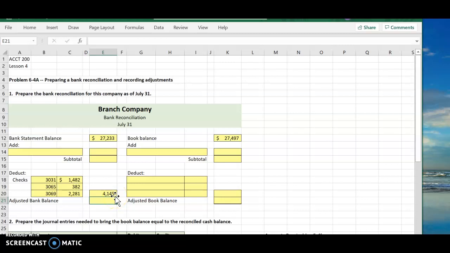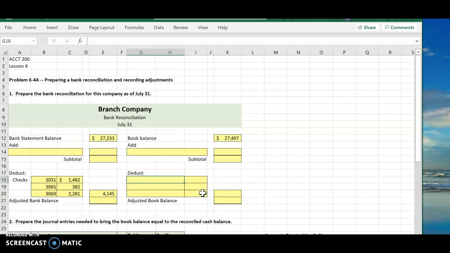As we were checking off our checks with our bank statement, we also came across this item in number C. We see that we had check number 3056 that we wrote out for our rent expense. We correctly wrote it as $1,270, but we entered it wrong in our accounting records. We only entered $1,250. So the correct amount of the check is 1,270, and it cleared our bank account correctly, but we have it wrong in our general ledger. So what should we do with that? We should bring that over here and deduct it from our book balance, because it's an additional $20 that we didn't deduct.